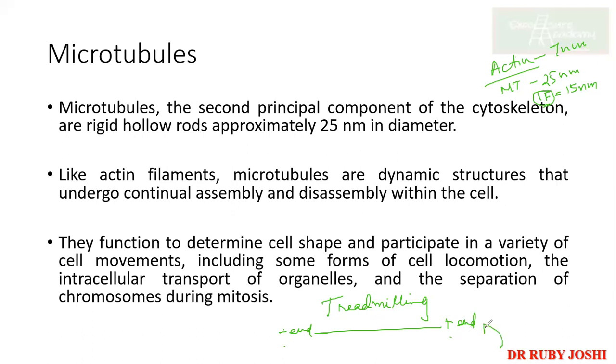So here the new tubulin molecules will keep on adding and here they will get disassociated. So it was like a treadmill. Of course, we do have the capping proteins for microtubules also, so that it doesn't polymerize at that instant only. Otherwise, our chromosomes won't be separated properly, and how will the organelles move then? So we have the capping proteins to stabilize both the ends.